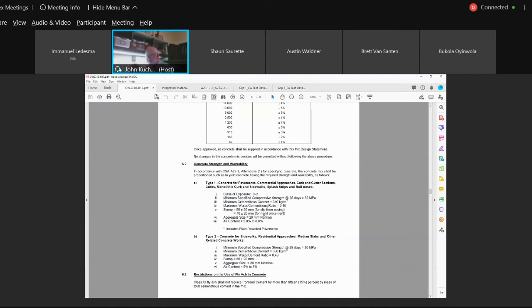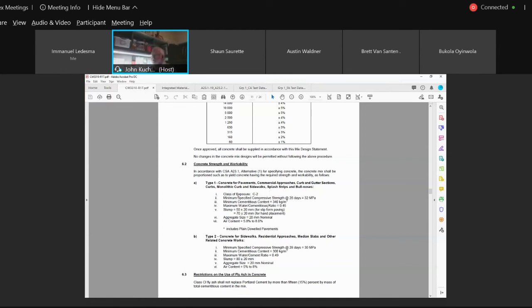So you can see we're designing a mix on volume. We're going to need to know how much water, how much cement, how much coarse aggregate, how much fine aggregate, how much air entraining admixture to give us 5 to 8%. And if we design with fly ash, also with fly ash. So now we're looking at all individual ingredients. We put them together and we make concrete.